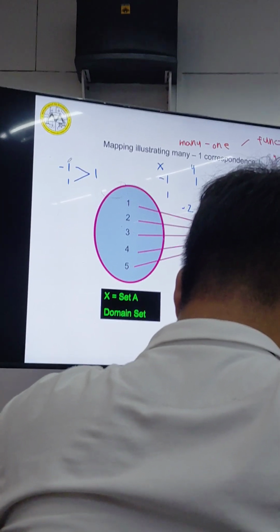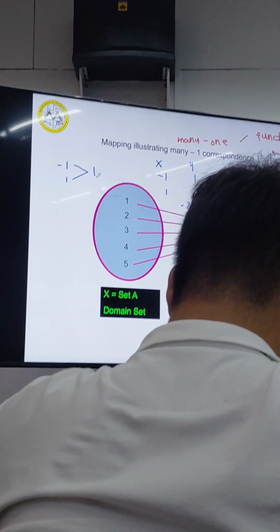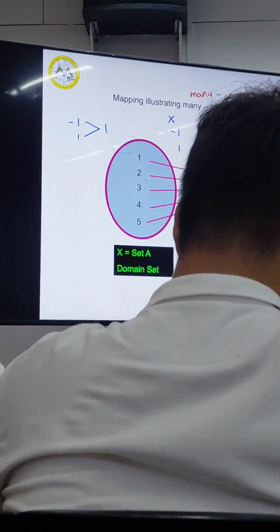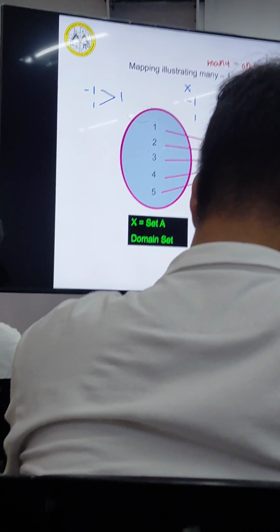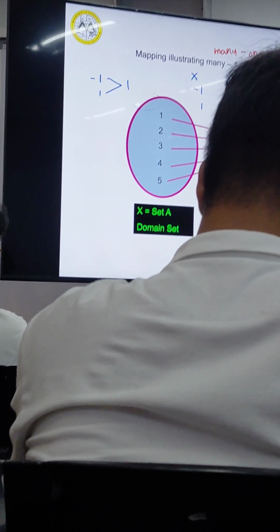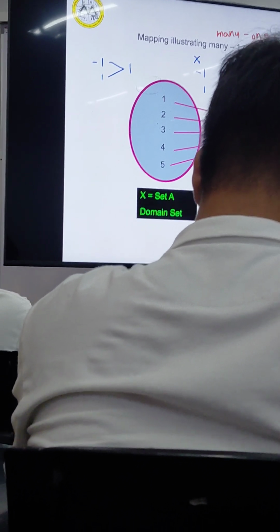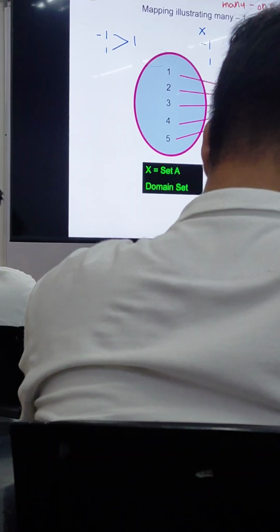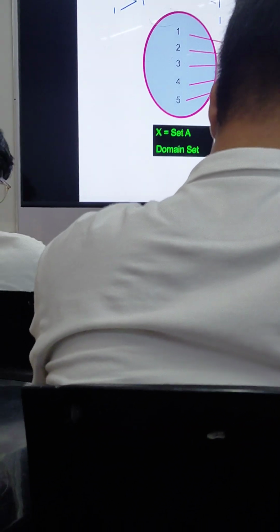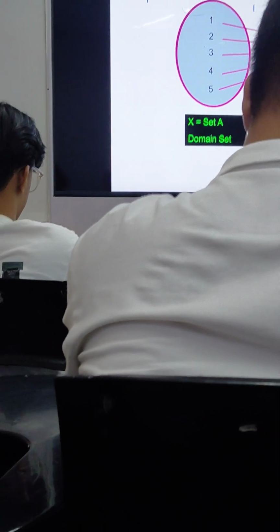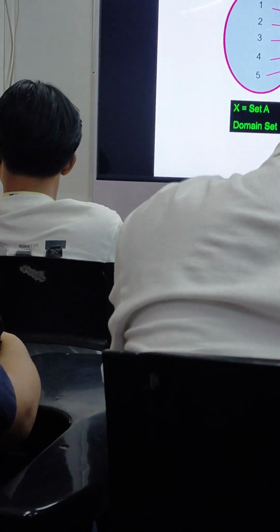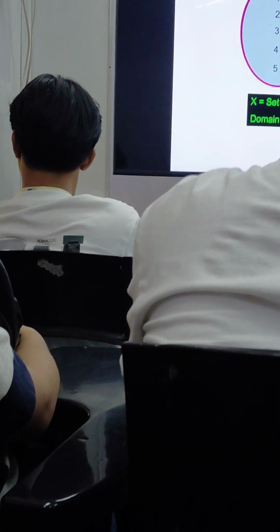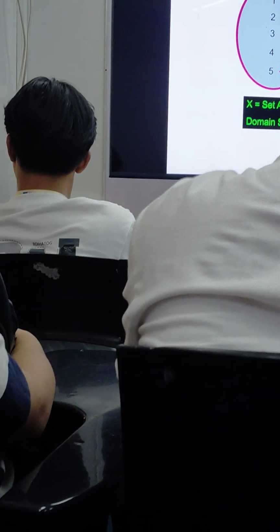So you have many to 1, and this is a function. Negative 2 and 2 are assigned to only one element 4, like many to 1. It does not violate yung rule na there should be no two ordered pairs that would have the same x, or first numbers.